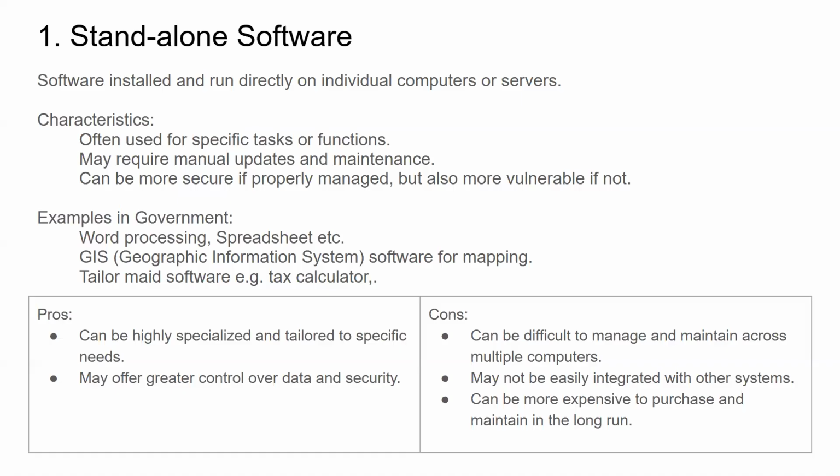For example, consider Microsoft Word, right? When we install Microsoft Word, we don't connect Microsoft Word with other systems. We write letters, or we use Microsoft Word for word processing. Excel, when we want to do some calculations, we use Excel, right? But sometimes there is limited connectivity between these software.